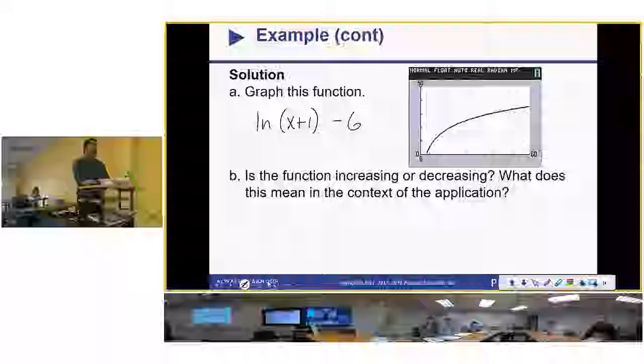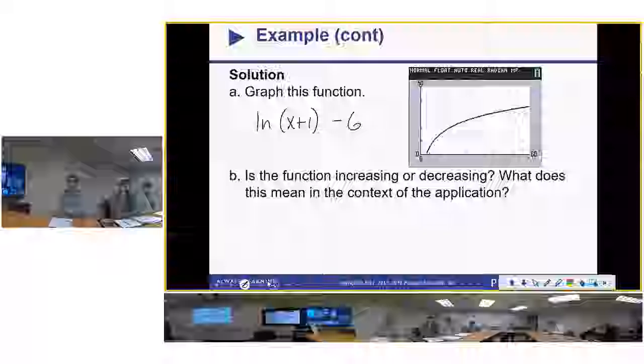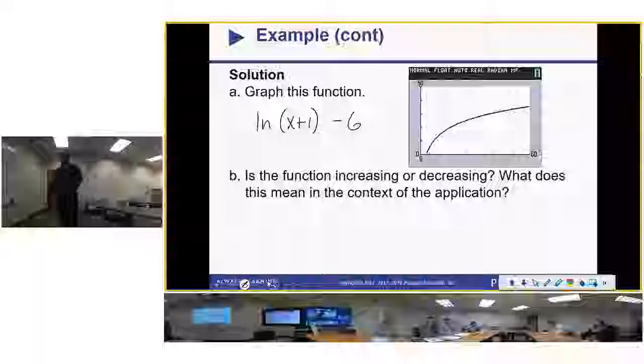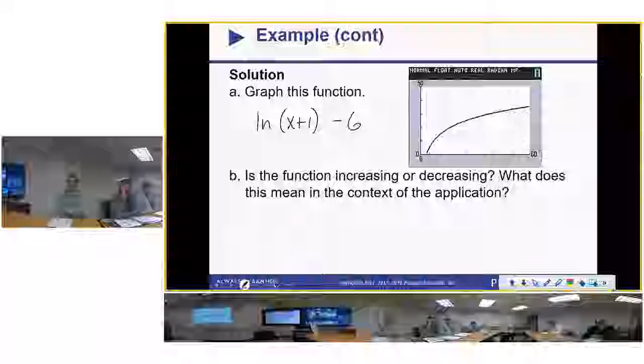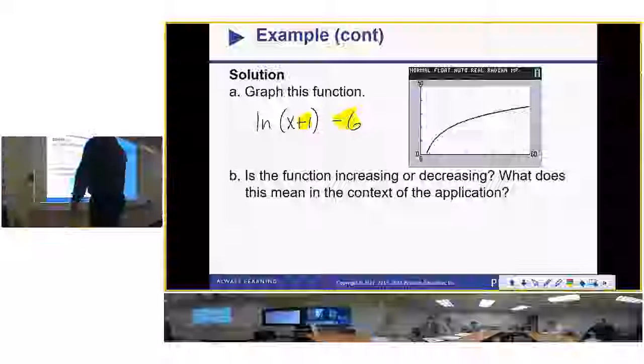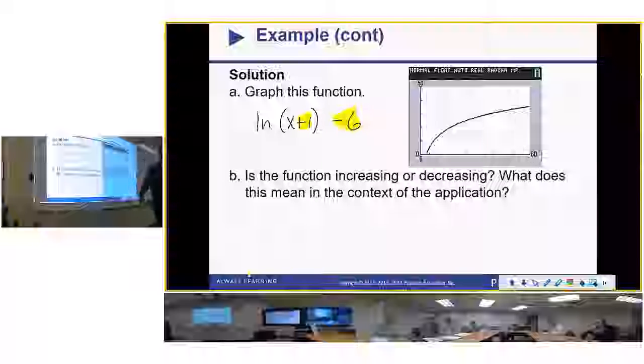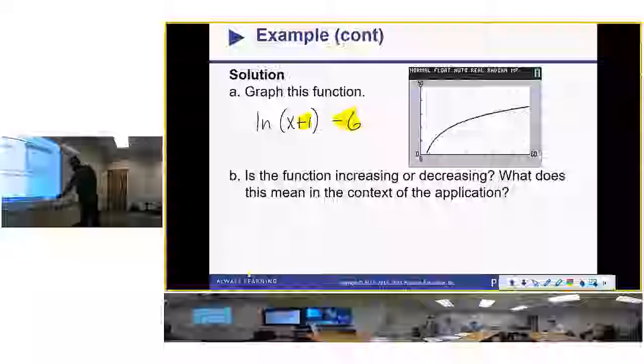And a vertical shift of what? Down. 6 down. Okay, thank y'all for interacting. That means 1 to the left, and that means 6 down.